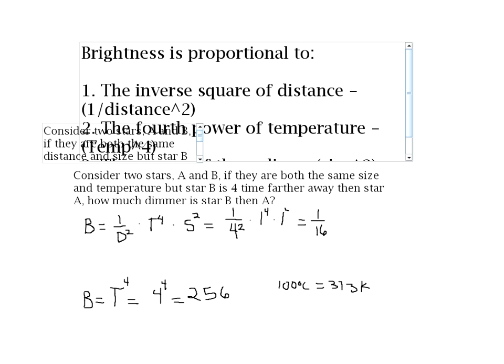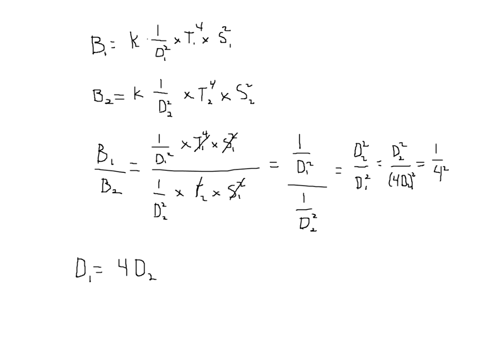At any rate, what we've got here is an example from the book, so let's do an example from the book. Basically, if you take a look at the first example, the star that we're comparing to is Alpha Centauri, and our hypothetical star has twice the distance, the same temperature, and twice the size.